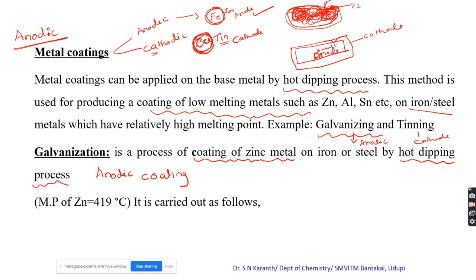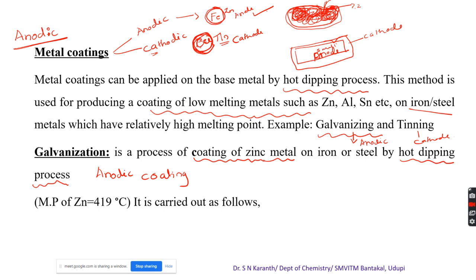This zinc has a low melting point compared to iron, around 420 degrees Celsius. It will melt, and as a result, by hot dipping, it is possible to carry out the galvanization process. So galvanization is a process of coating zinc metal on an iron or steel by the hot dipping process.